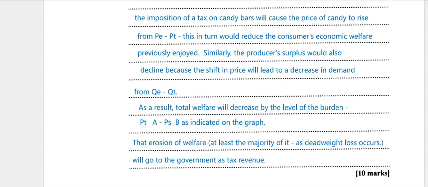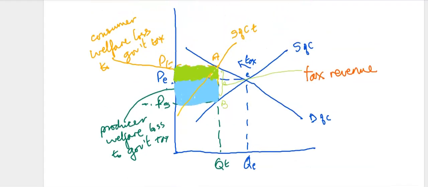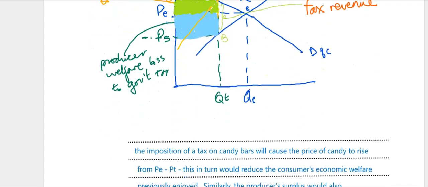All right, and as a result, total welfare will decrease by the level of the burden placed on both the consumer and the producer, as shown in the area represented by PTA PSB, right? That colored area there. Good.